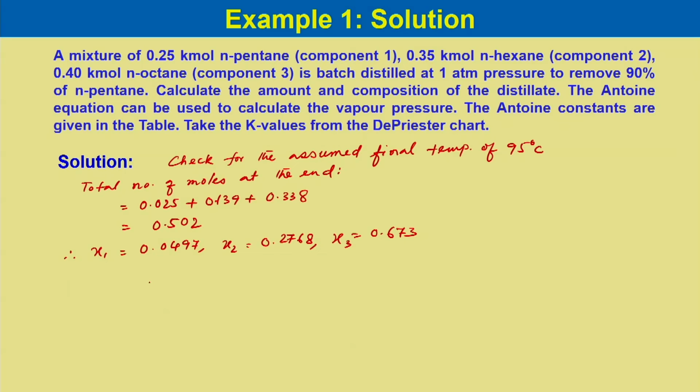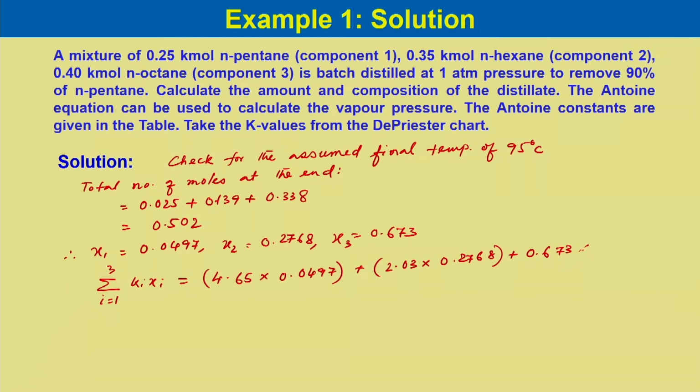Now, if we calculate the summation over i equal to 1 to 3 of K_i x_i, which is 4.65 into 0.0497 plus 2.03 into 0.2768 plus 0.673 into 0.45, which would be equal to 1.095, which is greater than 1.